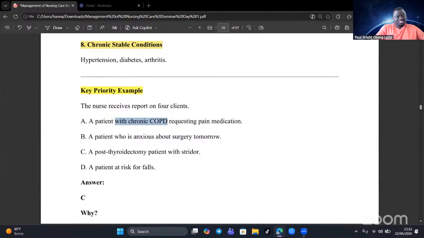Chronic COPD, requesting pain meds. Which of the bundle will you put this patient under? Yes. Can somebody analyze?